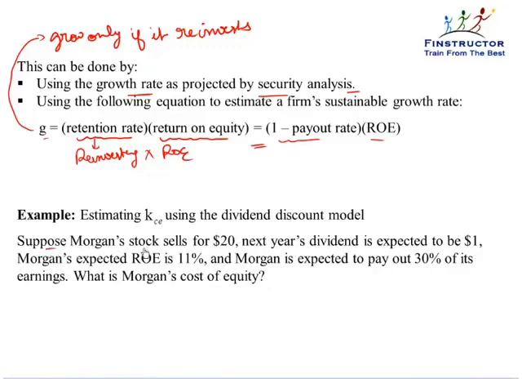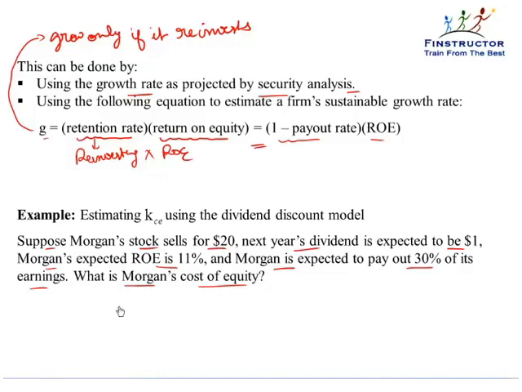Suppose Morgan's stock sells for $20 and next year's dividend is expected to be $1. Morgan's expected ROE is 11% and Morgan is expected to pay out 30% of its earnings. What is Morgan's cost of equity?